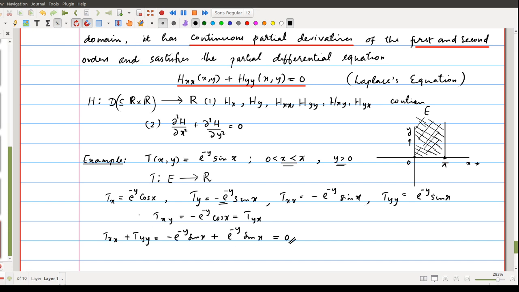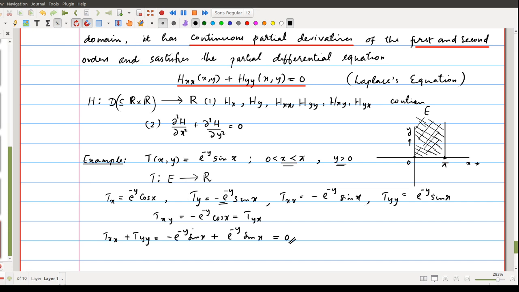So all the partial derivatives are continuous, and t satisfies the Laplace equation txx plus tyy equal to 0 at every point of this vertical strip, so t is an example of a harmonic function.